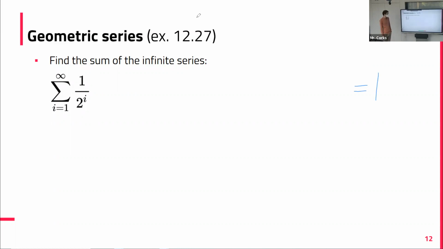Yes? Okay, so let's just write out what some of these terms would be. What is the first term? 1 over 2. Next term? 1 over 4. 1 over 8. Okay. All right. So we see the pattern here.